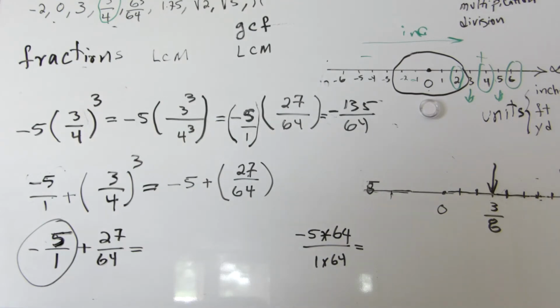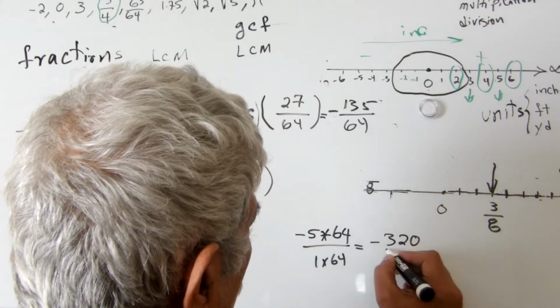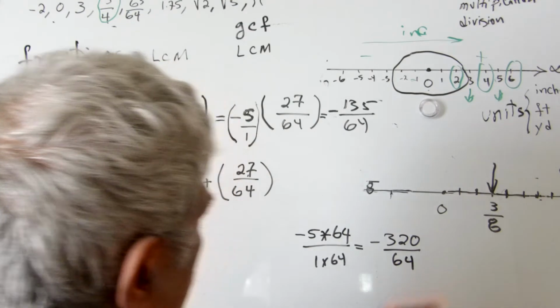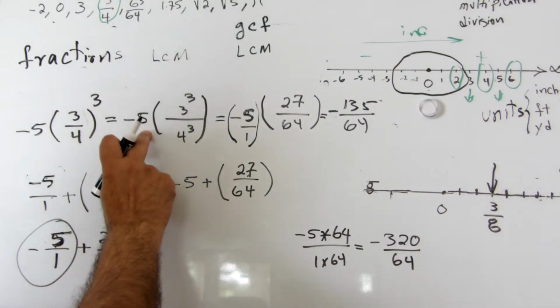So minus 5 times 64 is equal to minus 320 over 64. I just want to let you know that we have to be careful.